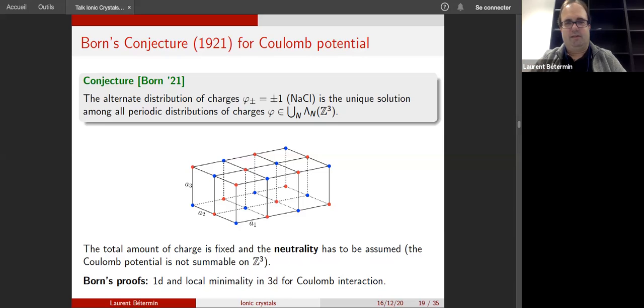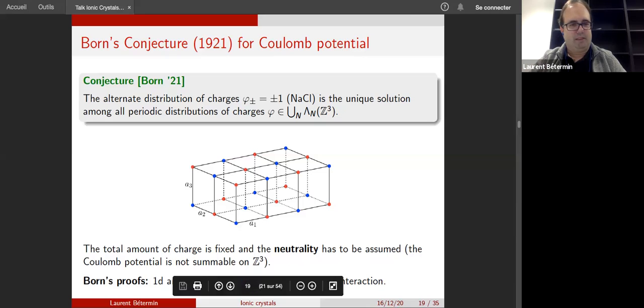That's what is depicted here. And of course, to show that, you have to assume that the total amount of charge is fixed, as I explained before, the L2 norm of the charge is fixed. You also have to assume neutrality, meaning that on a periodicity cube, the sum of the charges is 0.